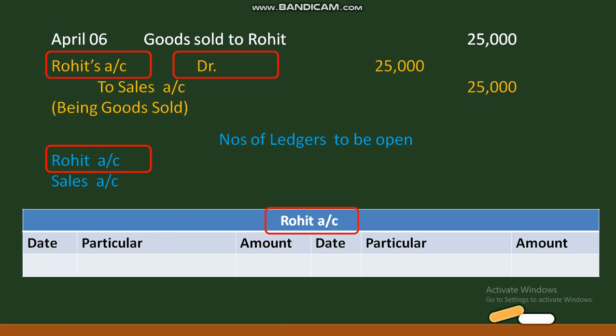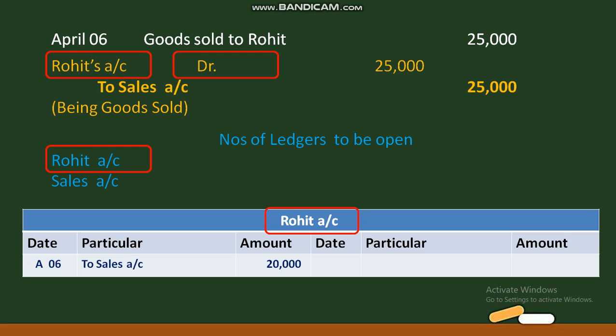Then we have to check why Rohit has been debited. The reason is sales account. So we have to write this transaction on the debit side of Rohit's account, and there we have to write to sales account. Always we write this word, to sales, on the debit side.